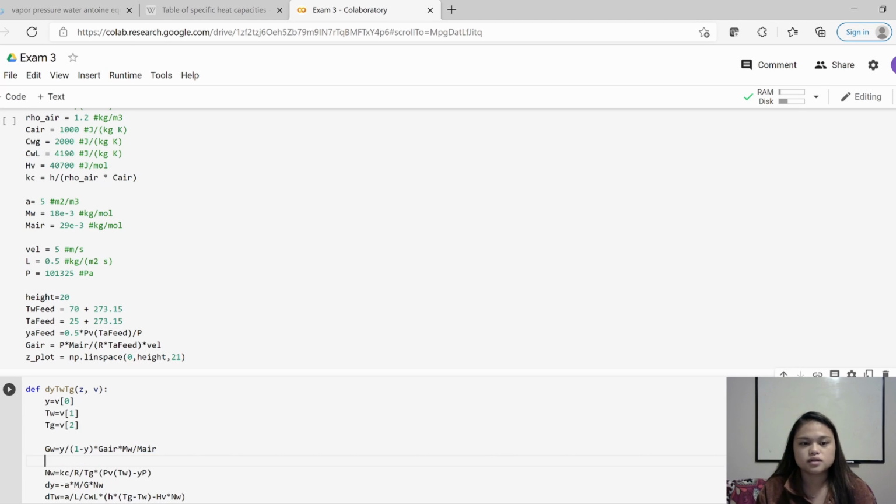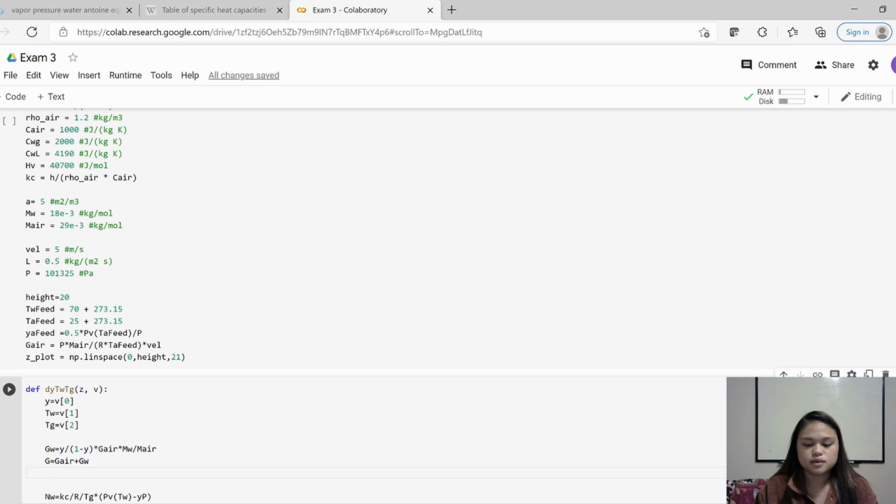And then I want the total gas flow rate, which is just that gas flow rate of the air plus the gas flow rate of the water. And then we want that average molecular weight. So we also found those in part B1.